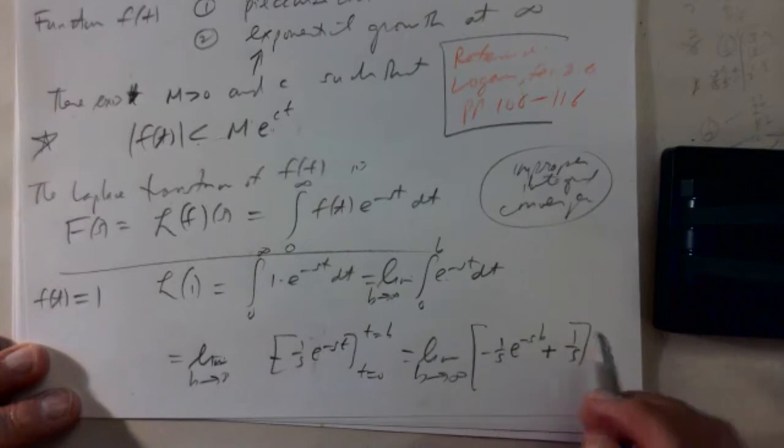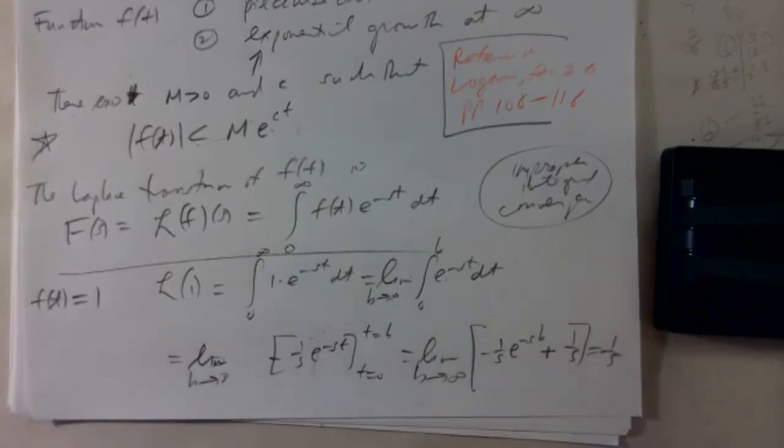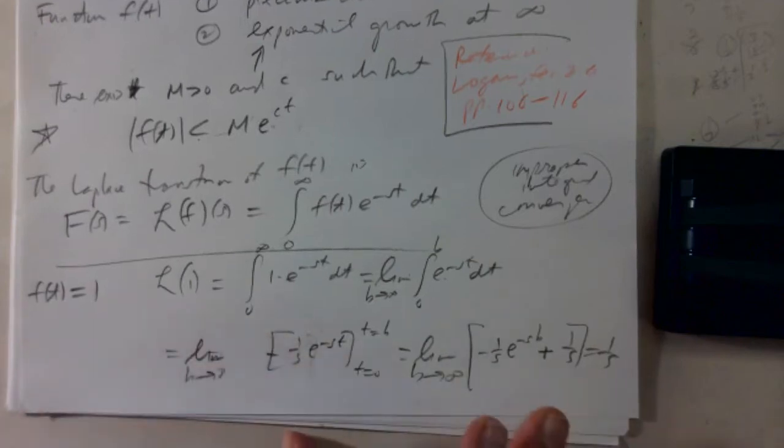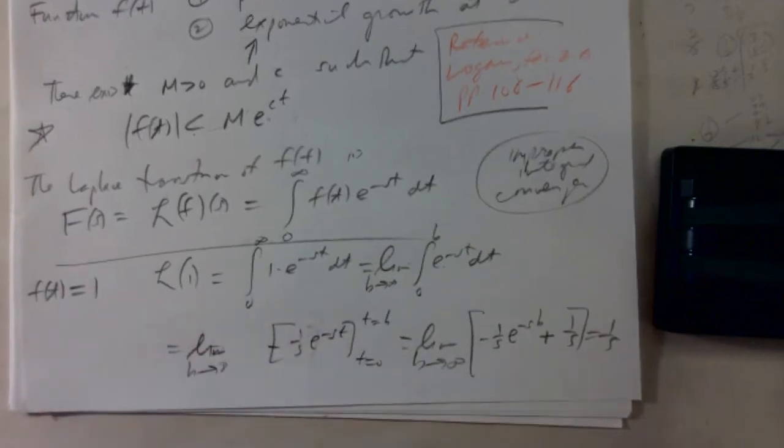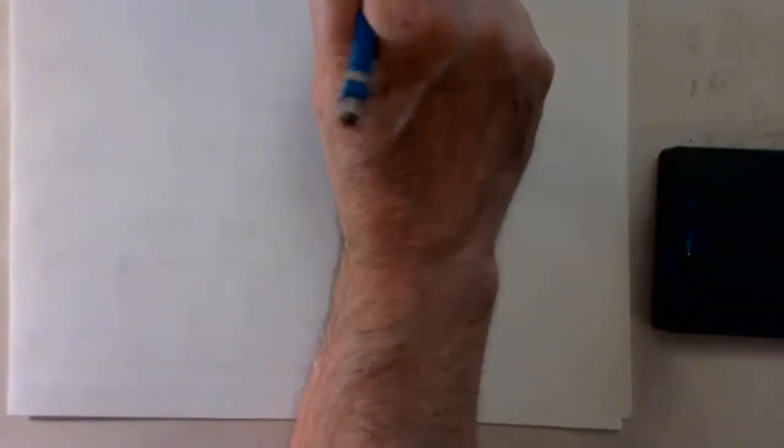As b goes to infinity, this goes to 0, so we get 1 over s. So this is our first example of a Laplace transform. L of f of s is the integral from 0 to infinity of f of t e to the minus st dt. The Laplace transform of 1 is 1 over s.